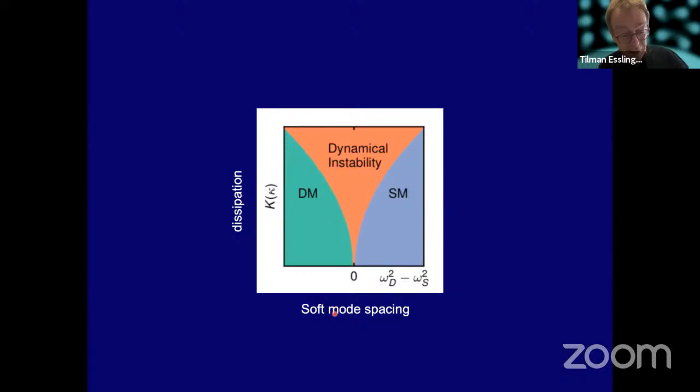Does any of this require a BEC, or are cold gases in the cavity enough, or is a cold gas enough? Also a very good question. You also have this phase transition in a cold gas, but it's getting more complicated because you don't have the nice two-level system anymore.